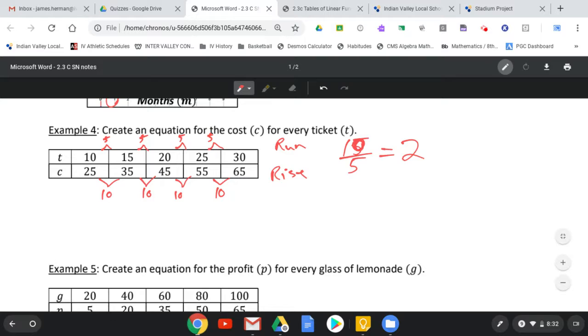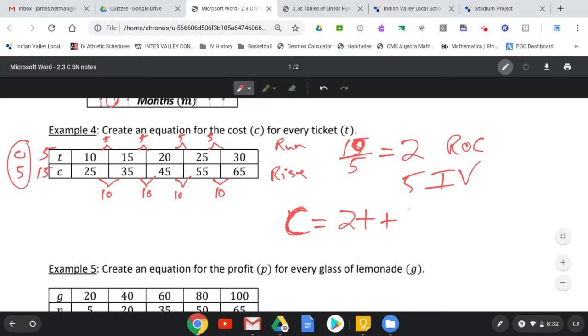My next one would be 5 and 15, and then 0 and 5. There it is. Backtrack, no problem. So my rate of change is 2. My initial value is 5. So my equation is C equals 2t plus 5. Sorry, my t's and my pluses look alike.